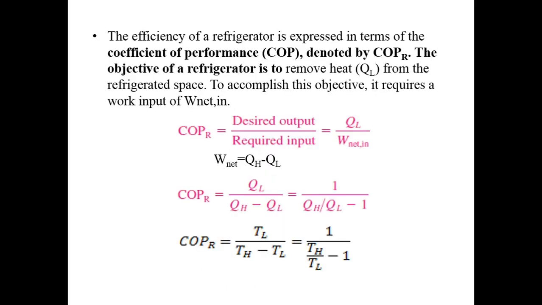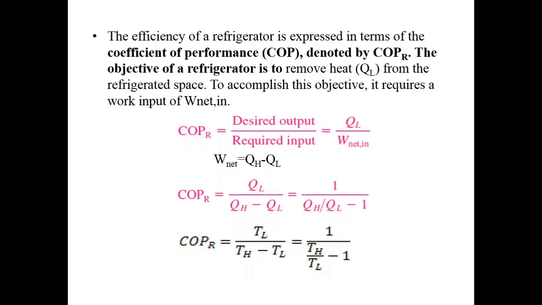In the case of a heat engine, the familiar term is efficiency. But in refrigeration, the coefficient of performance, COP, is the important term to measure the efficiency of the refrigerator.